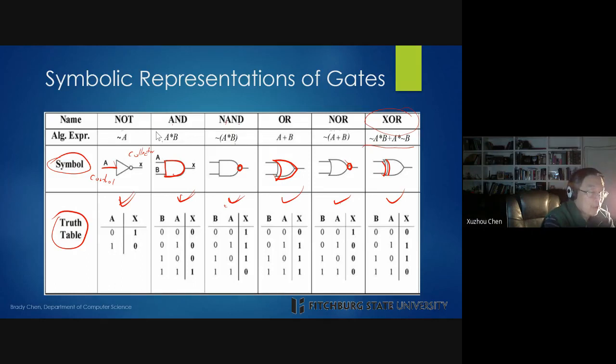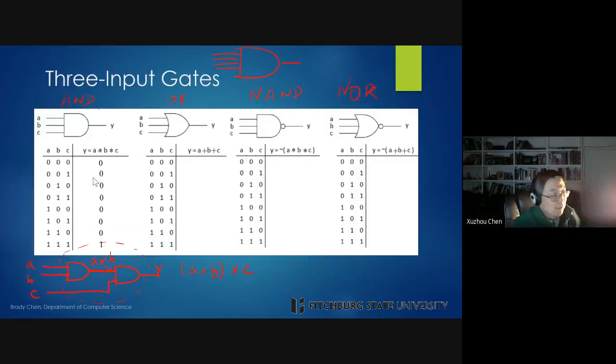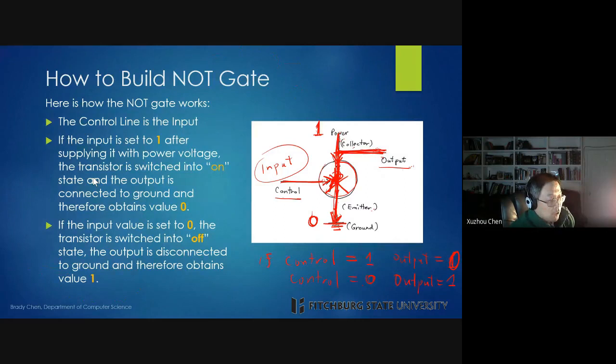If the control is 0, it disconnects the collector from the ground. So it just turns on and off depending on the control. If control is 1, the collector is 0 because it's grounded. If control is 0, then it's disconnected, so the collector can be 1. That's basically how to achieve this operation.